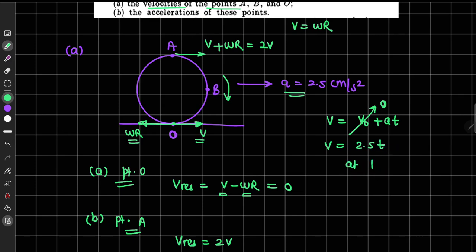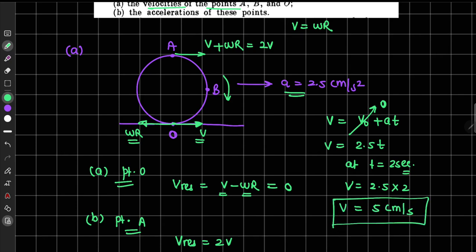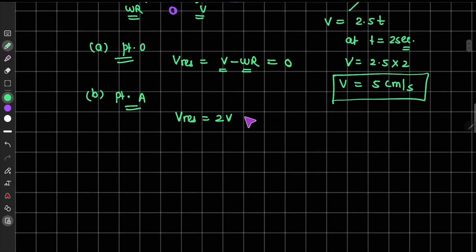At t equal to 2 seconds, we have the velocity of 2.5 into 2, that is 5 centimeter per second. So this is the velocity of the ball at the time instant of 2 seconds. Let us substitute the value here. We get 2 into 5 centimeter per second, that is 10 centimeter per second.